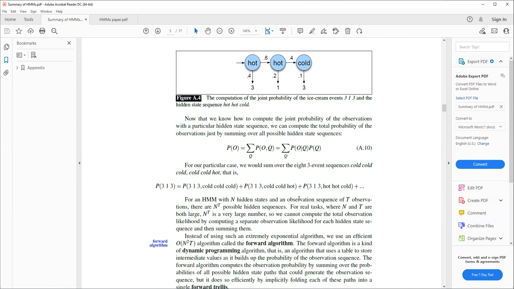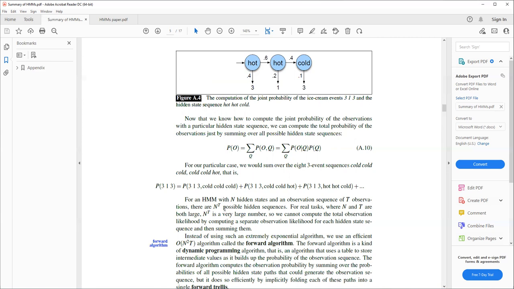which is practically impossible, because as shown in the example here, if you want to compute the probability of 313, you need to compute the probability of 313 from cold, cold, then add to it the probability of 313 from hot, cold, hot, and add the probability of 313 from hot, cold, and all possible permutations of these events.